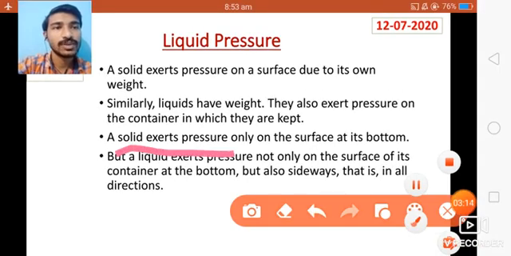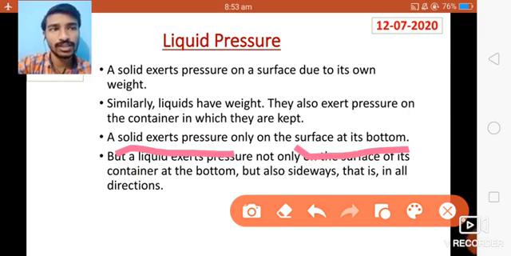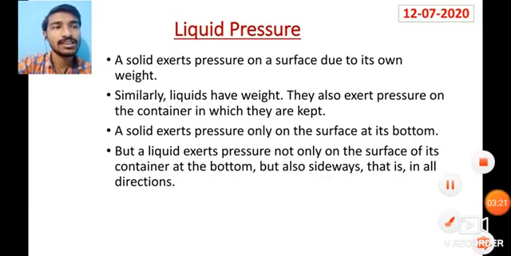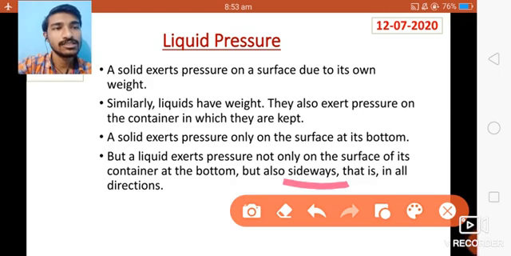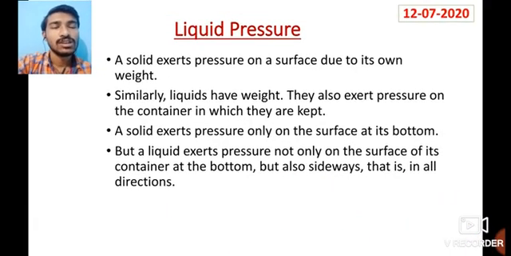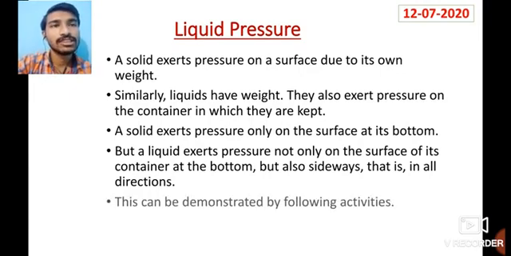A solid exerts pressure on the surface at its bottom, whereas a liquid exerts a pressure not only at the bottom but also sideways in all directions. So to understand this, let us go through a few activities.